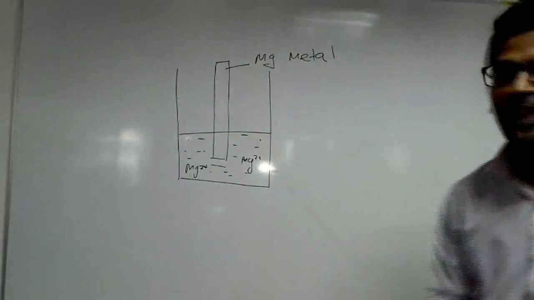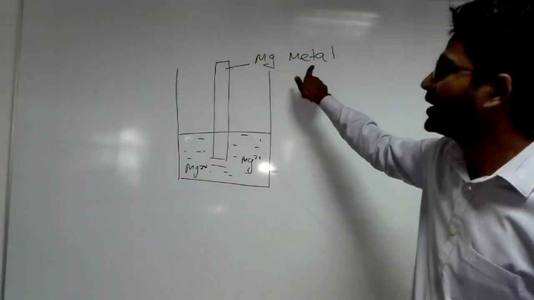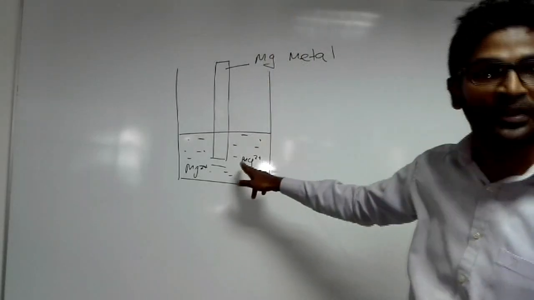Now, in this diagram, you can see a magnesium metal rod just placed in a magnesium ion solution.